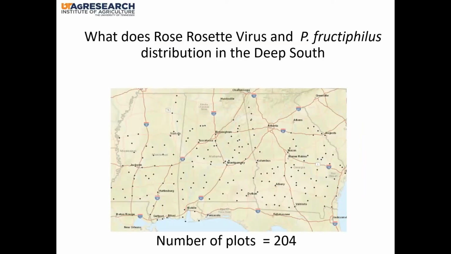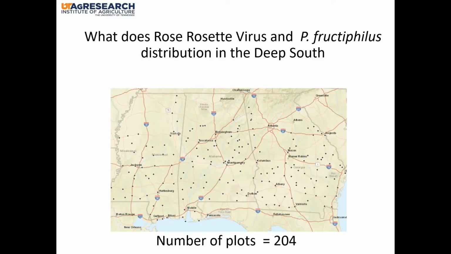And so what does Rose Rosette and the virus have to do with distribution in the Deep South? Well, those dots on the map is where a graduate student from my lab, Katie Soto, who's now graduated, and this paper's been published, all those dots represent where she was sampling for both the vector mite, Phyllocoptes fructiphilus, and the virus, Rose Rosette virus.